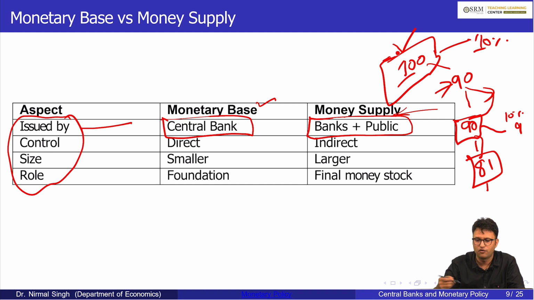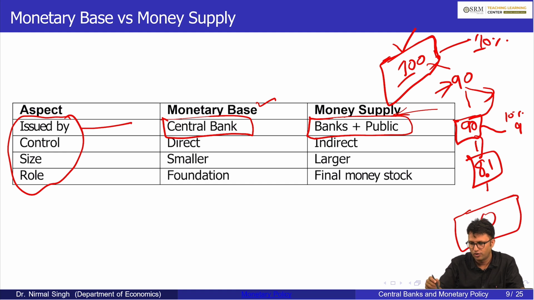So let's think about it from the base money's point of view. If the central bank, RBI, is creating 100 rupees, then the commercial banks are multiplying this currency in the economy through the process of advancing loans or giving credit, and this money keeps on increasing until the whole amount is exhausted.